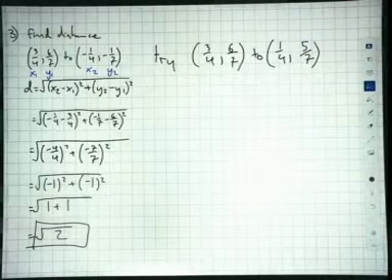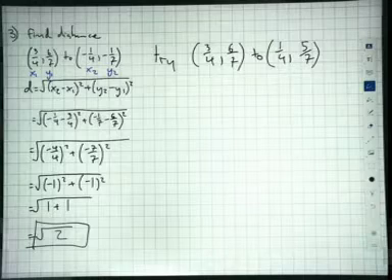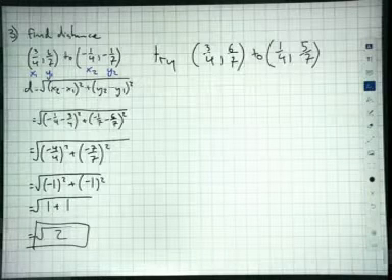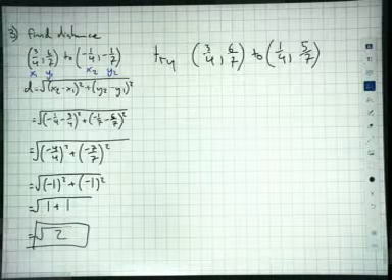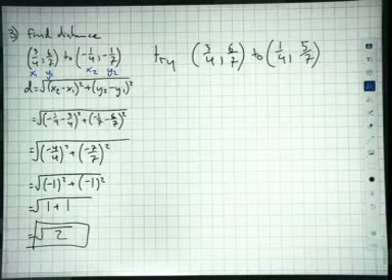I don't know where that, we're not going to do it, but just try to see if you can make that happen. Try to see if you can figure that one out.